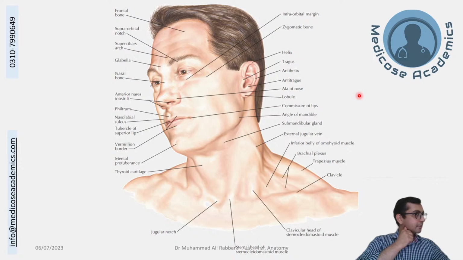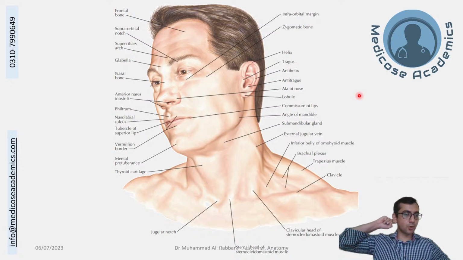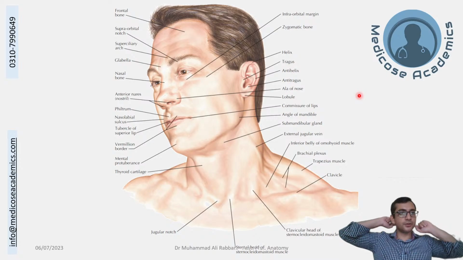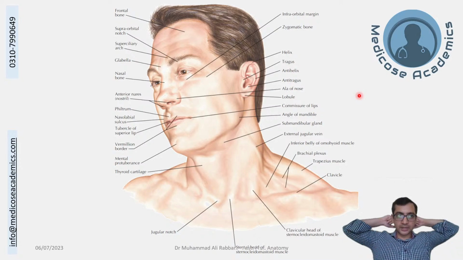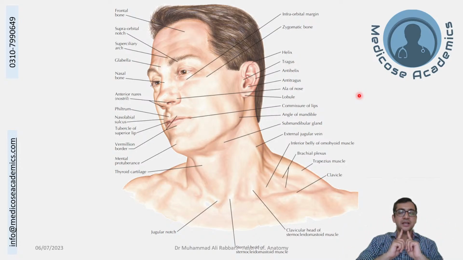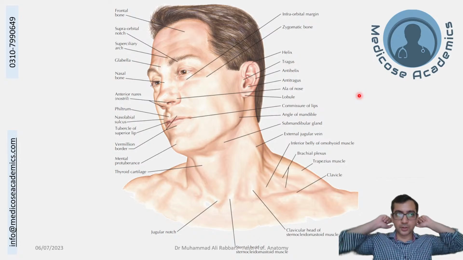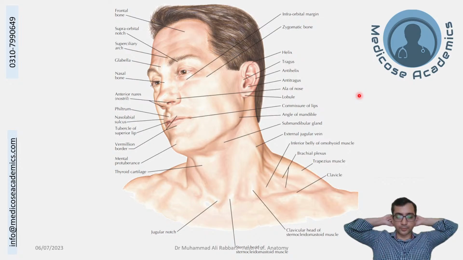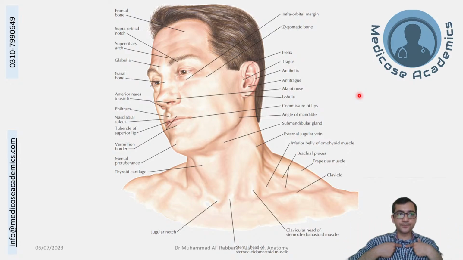From here you make a bony jump to the mastoid process, and from the mastoid process go on to the superior nuchal line and the external occipital protuberance, and then you do the same on the opposite side. So anatomically, the line defining the neck is: mandible, angle of mandible, mastoid, superior nuchal line, external occipital protuberance.